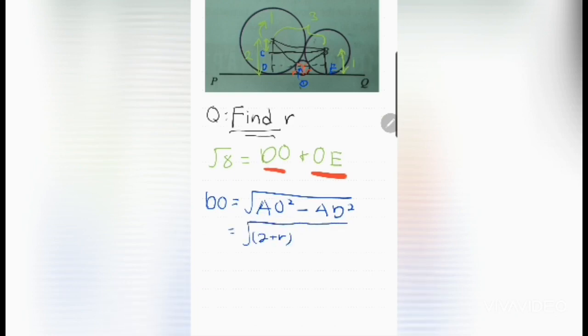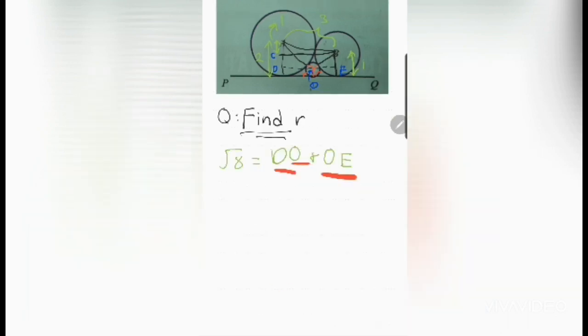AO is equal to 2 plus R, because AO is equal to the radius of A, which is the yellow line, plus the radius of the smaller circle, which is R, the red line. Whereas AD is equal to the radius of A minus the radius of the smaller circle, R. So solve the equation and we should get surd 4R. So now we have obtained DO.